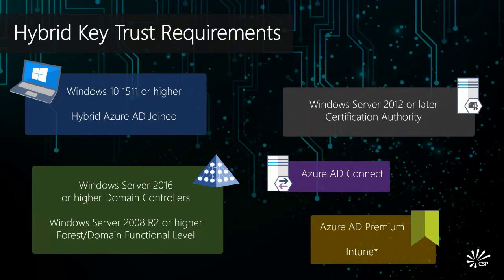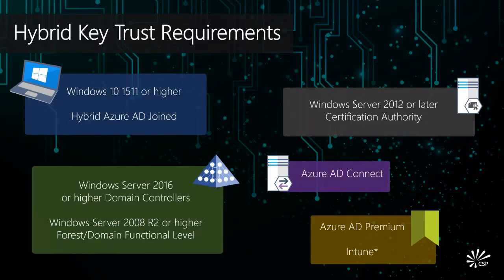You'll see firsthand as we go through the demo why having a Windows-based certification authority makes sense and is easier to manage and integrate with Windows Hello for Business. So if you are running that internal PKI with Windows Server, it has to be 2012 or later.